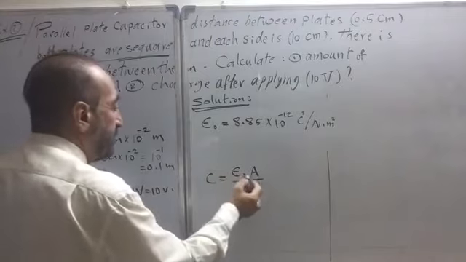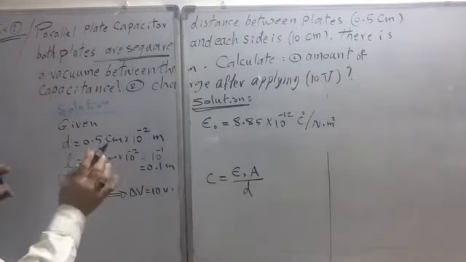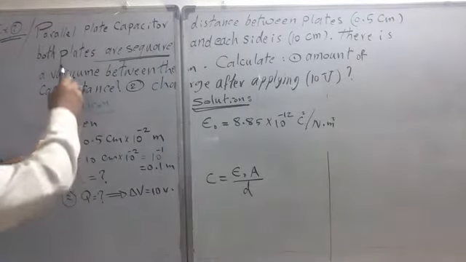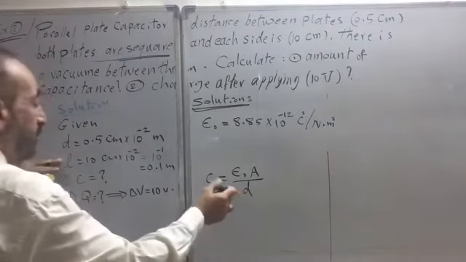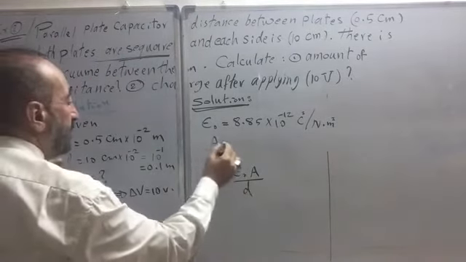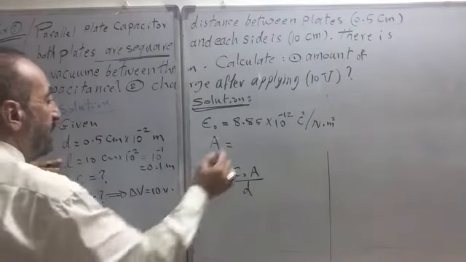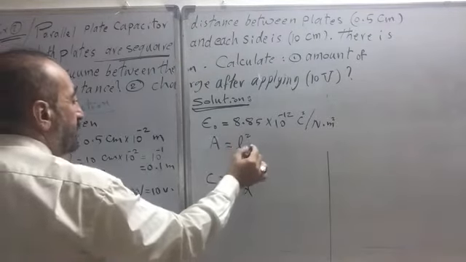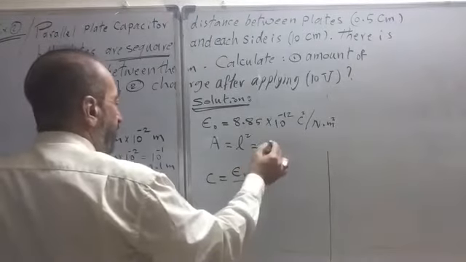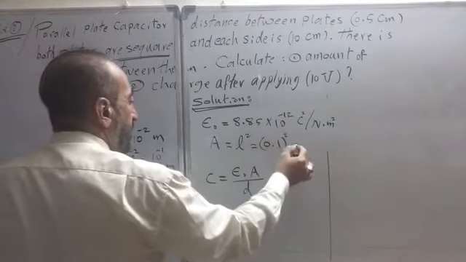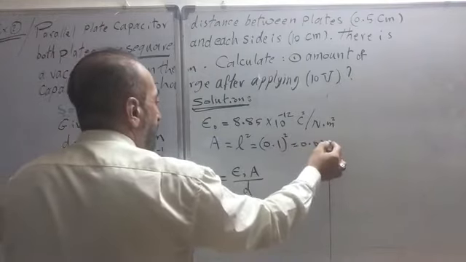But where is the area? The plates are square. Therefore, we should find the area of the square, equal L square. L is 0.1, squared, equal 0.01 meter square.